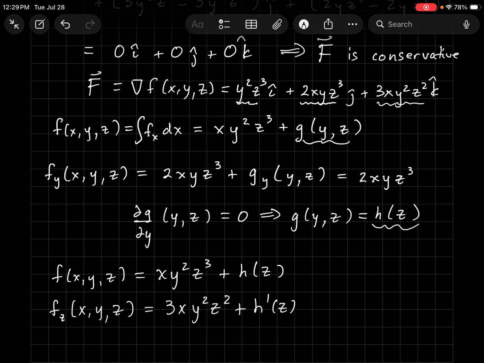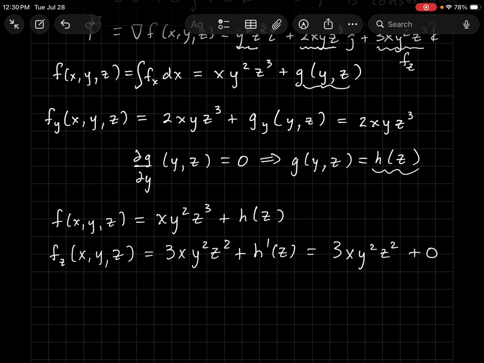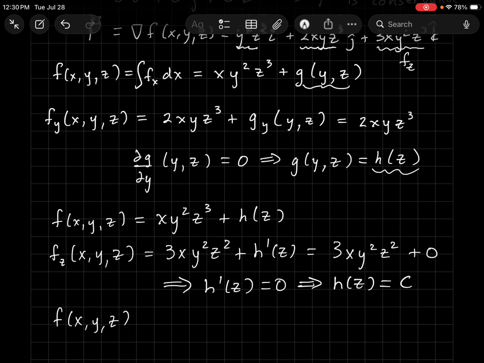But from back here, that being the partial of f with respect to z, which says it's equal to 3xy squared z squared plus 0, that implies that h prime of z equals 0, which means h of z is simply a constant. And then we get our original function, f of xyz equals xy squared z cubed plus c.